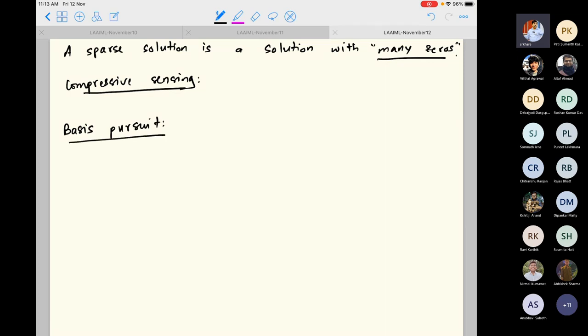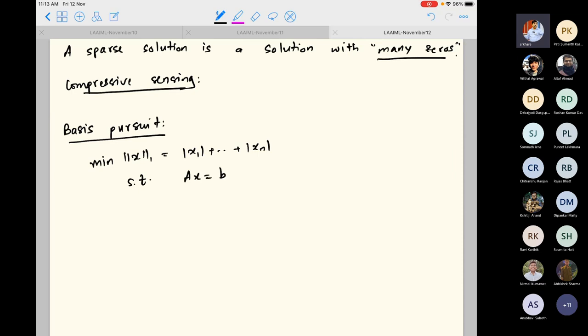Okay, and what is it that you are doing? You are minimizing the one norm of x, which is nothing but the absolute values |x1| plus |x2| plus up to |xn|, right? You consider the components of x and take their absolute sum, and the constraint that you have is the actual system of equations Ax is equal to b.